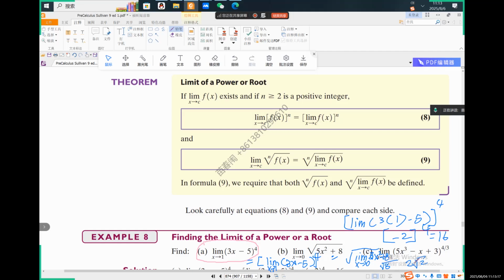So this is B, right? Yeah, B is basically using the second one, and the root of f(x).